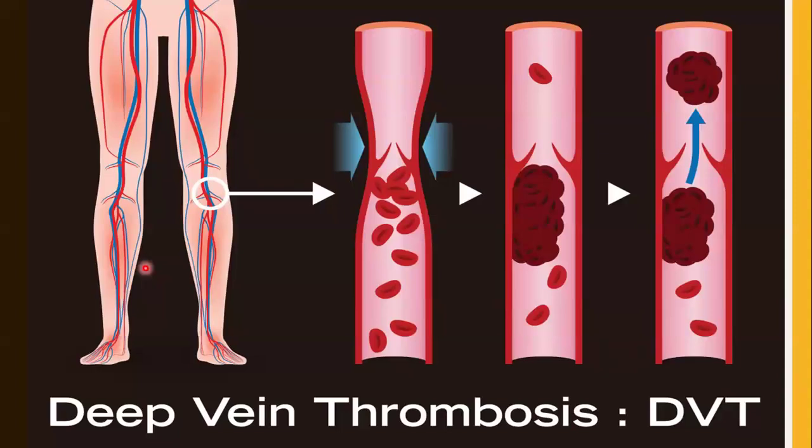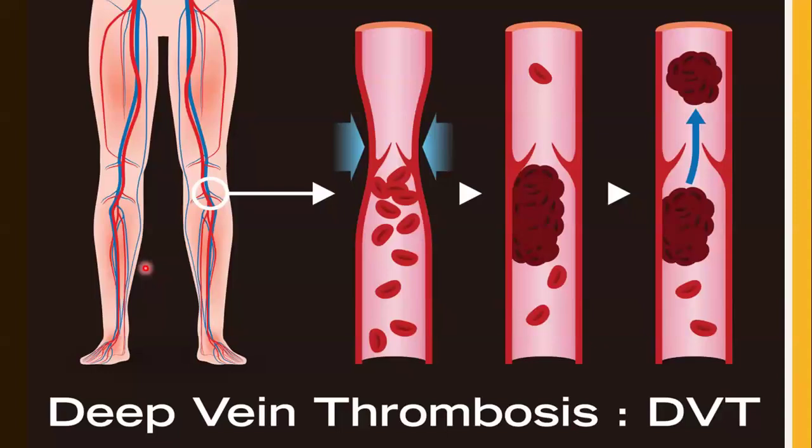Thrombosis is basically clotting of blood within an intact vascular system. There are things that can promote thrombosis, a concept we call the Virchow's triad, which tells us that 3 things may predispose to thrombosis.